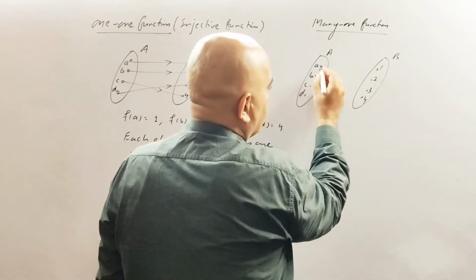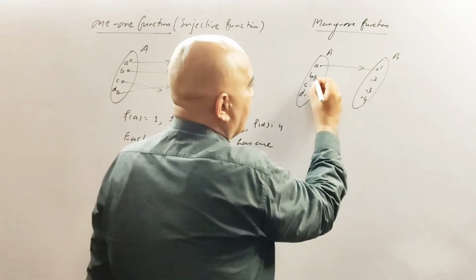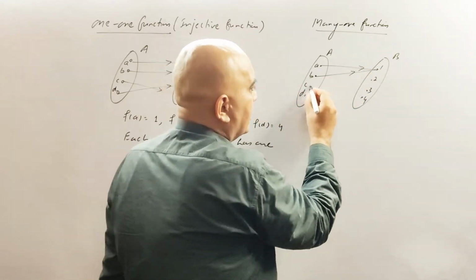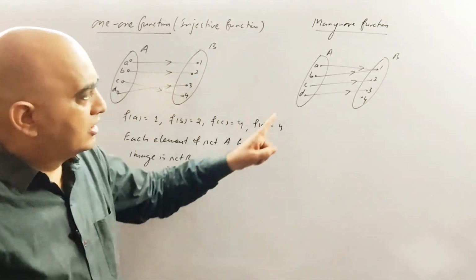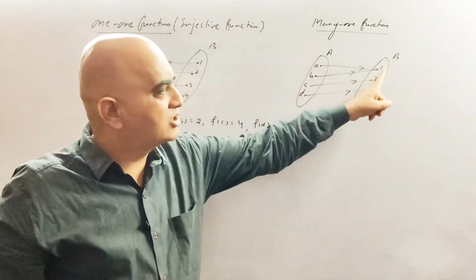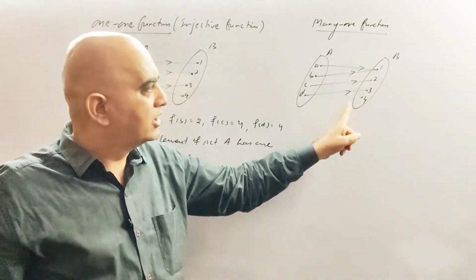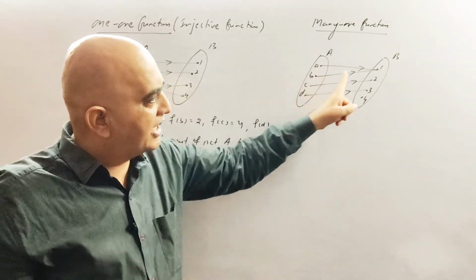Suppose a is connected with 1, and b is also connected with 1, and c is connected with 2, and d is connected with 3. So here set A contains 4 elements, set B also contains 4 elements, but here 2 elements of A have a single image.